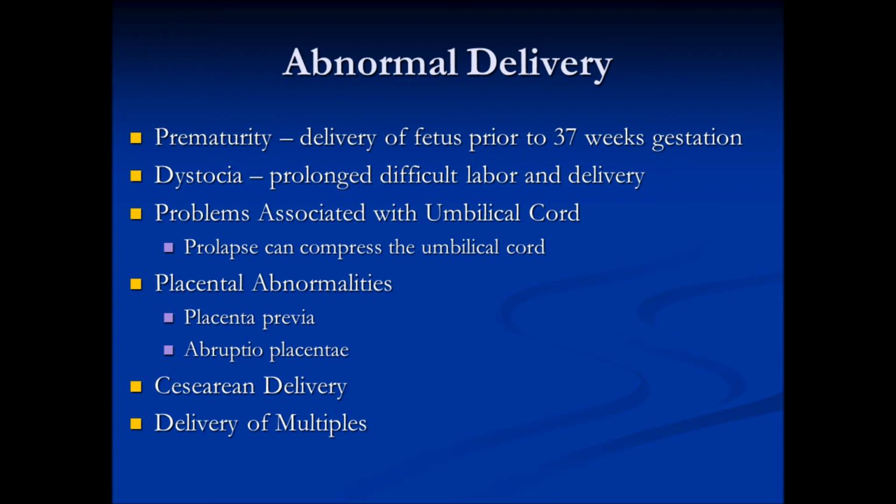So you have low implantation, but not necessarily getting in the way. Then you can have partial placenta previa, where the placenta has implanted on the lower portion of the uterus, but it is also blocking a portion of the cervical opening.